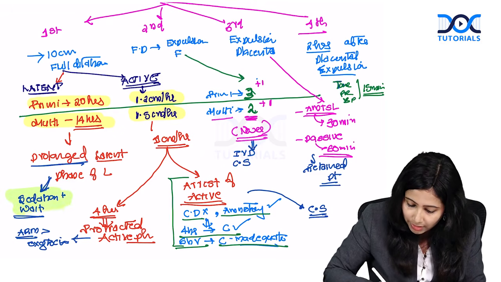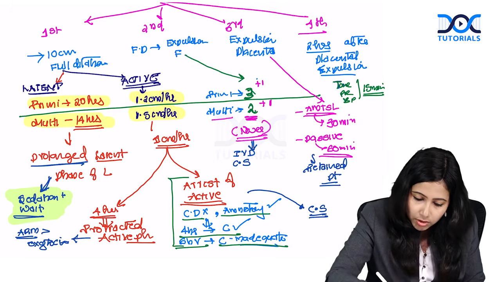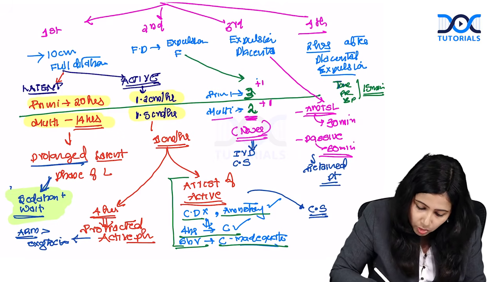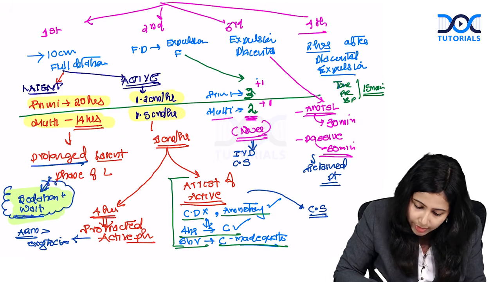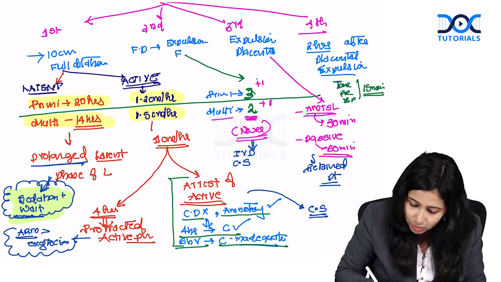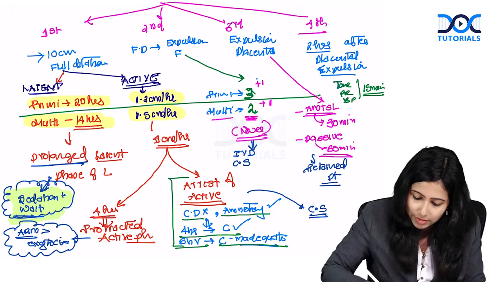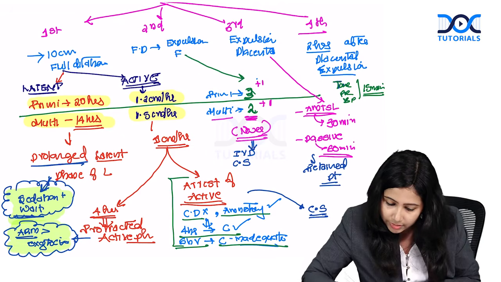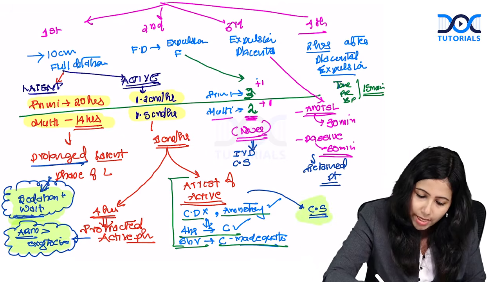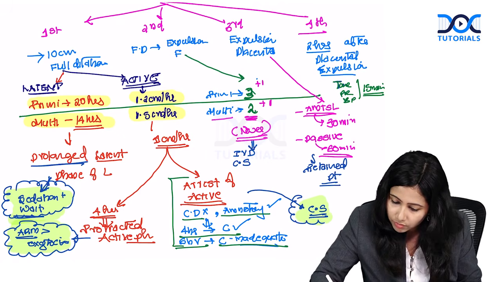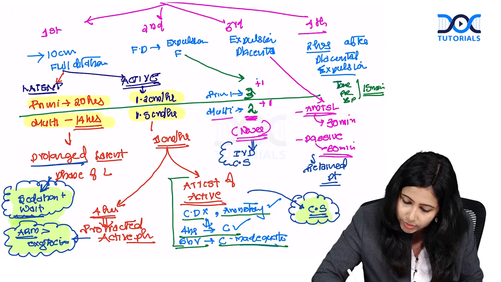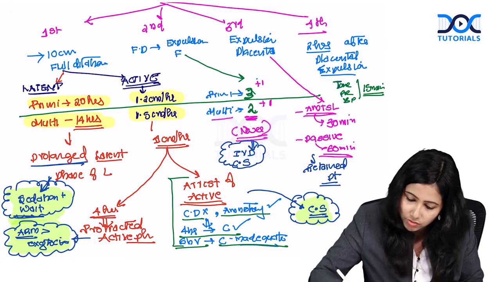This is the management for prolonged latent phase. This is the management for protracted active phase. This is the management for arrest of active phase. And this is for the second stage arrest.